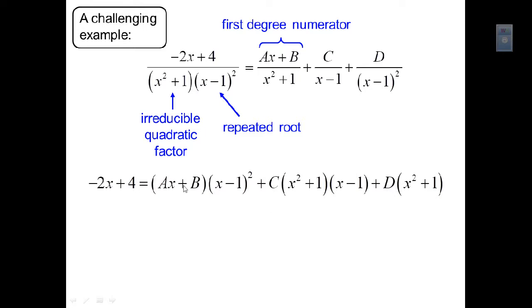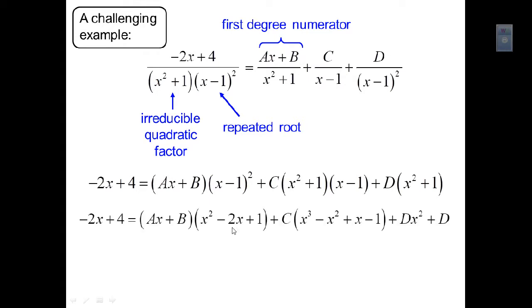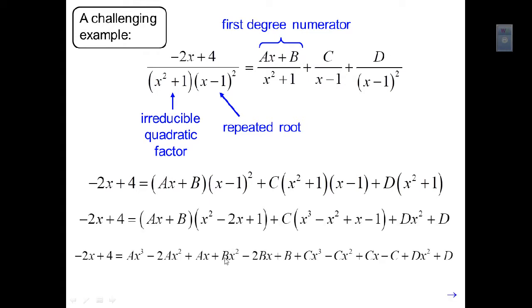So just dealing with the top, we're going to have to multiply this thing by this thing. That's where that comes from. We're going to have to multiply the c by another x minus 1 and the x squared plus 1. That's what we get here. And the d is going to have to be multiplied by x squared plus 1. So then when we multiply, FOIL, expand, all that stuff, we're going to get more and more terms.